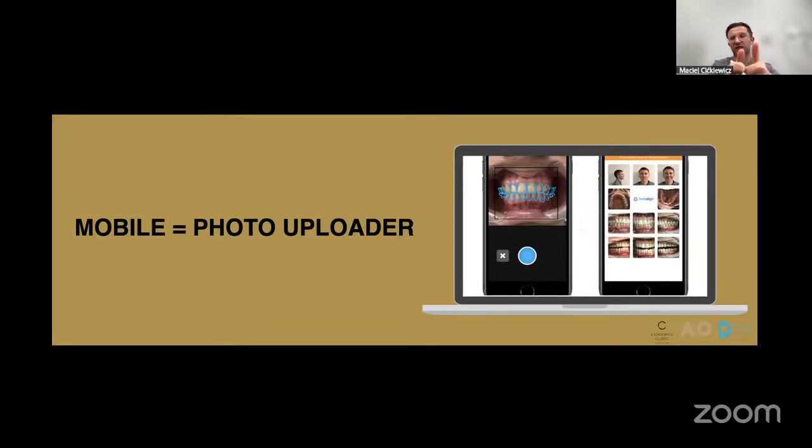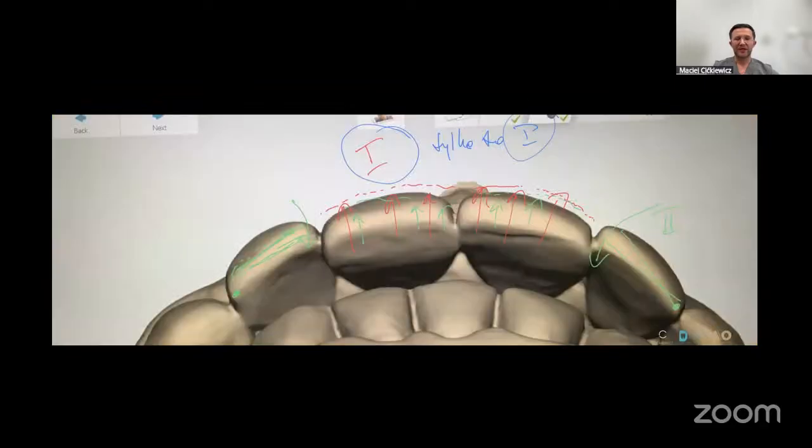So we are using the photo of the desktop, so we can save our time because we take the photo directly to the app, and then we create the prescription for the patients, because it depends, of course, on the system you're working with.